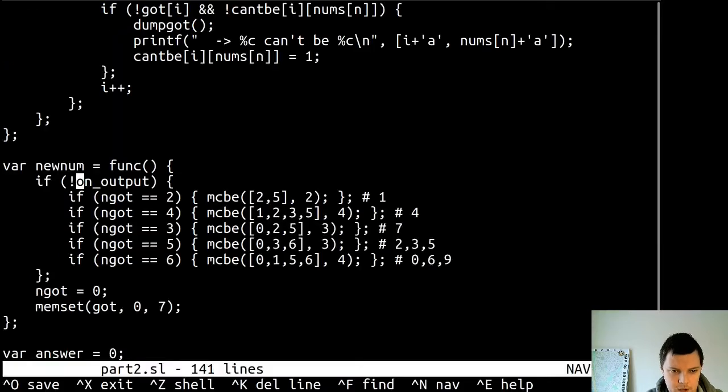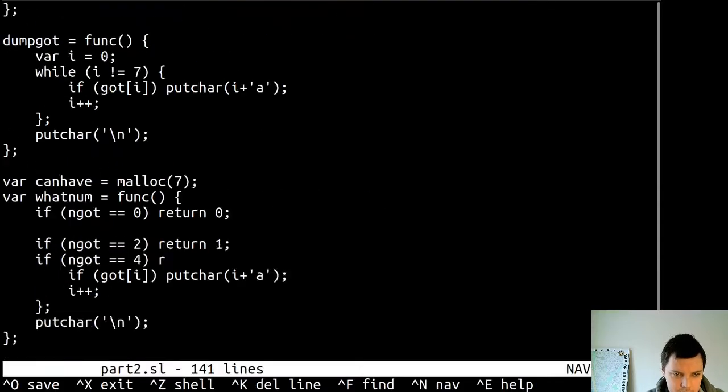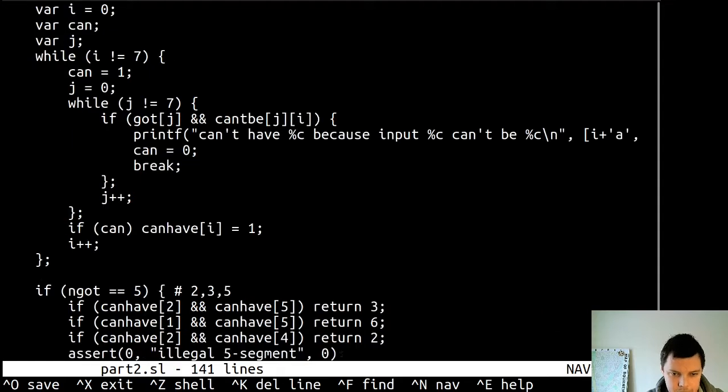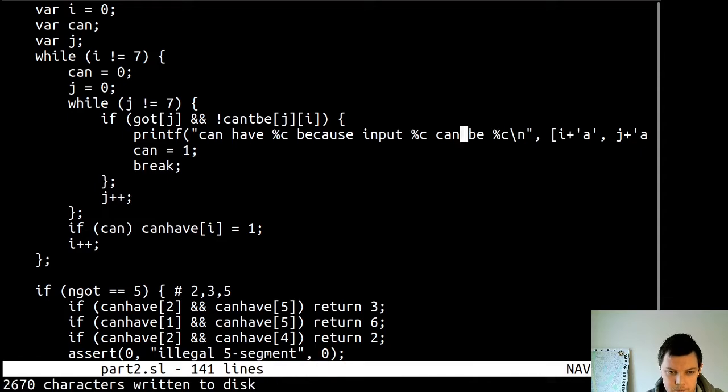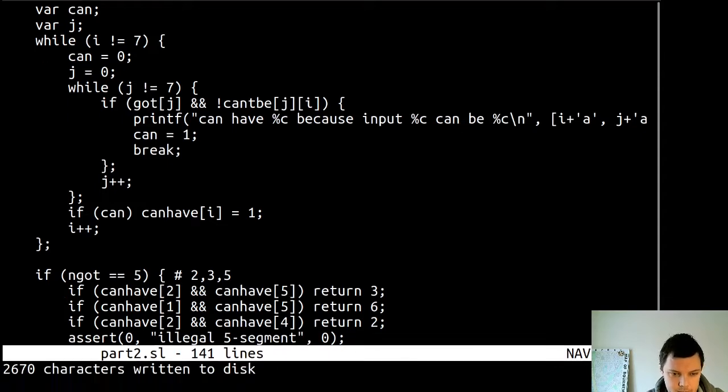The fact that B can't be A doesn't mean we can't have A. It just means B can't be A. So, if not can't be, then can equals 1. So now we say we can have percent %C because input C can be percent %C. Brilliant. Okay. Good. Let's see what that tells us.